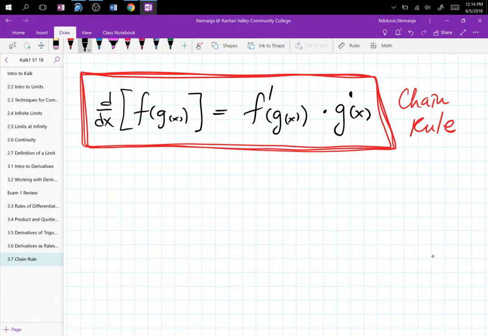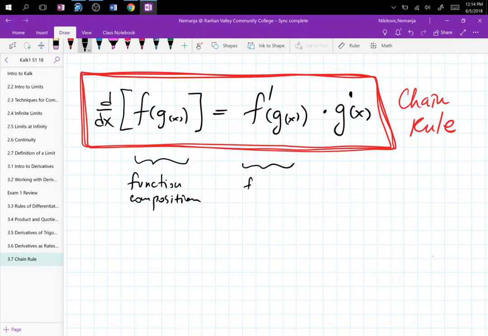Now, we see over here function composition. And we see over here also function composition. So, as you are looking at this formula, you see that you have function composition play the key role.